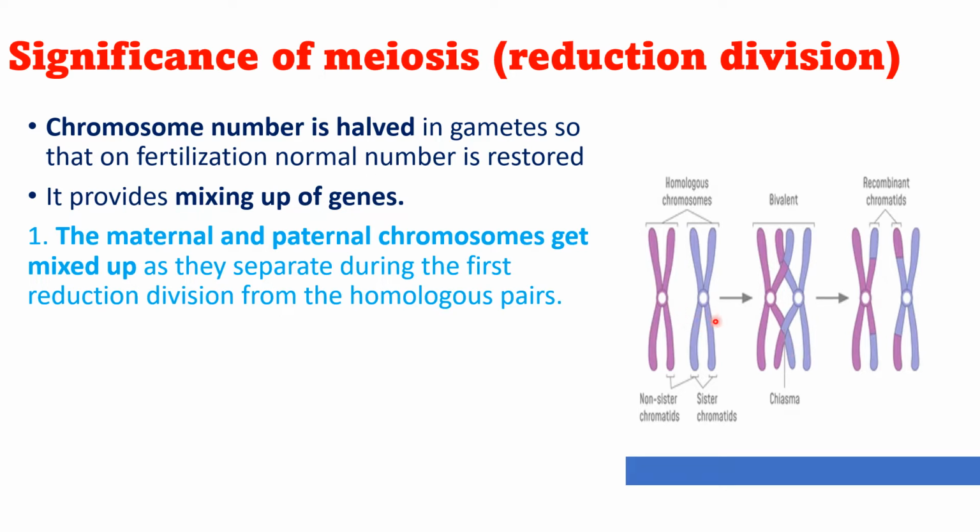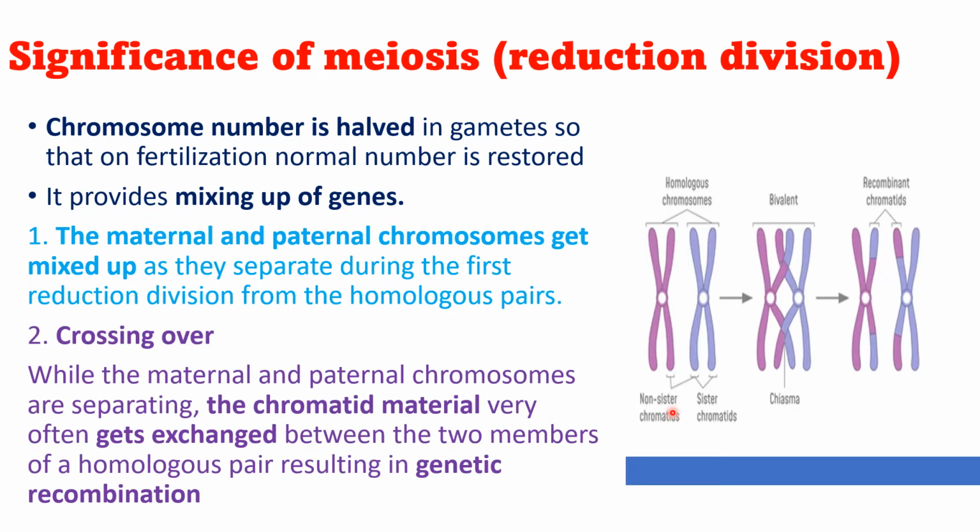Here you can see chromatids from same chromosome is called sister chromatids. Then chromatids from different chromosomes, that is non-sister chromatids. Then at time of crossing over, the maternal and paternal chromosomes are separating.